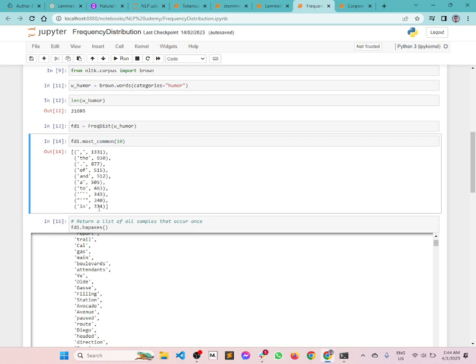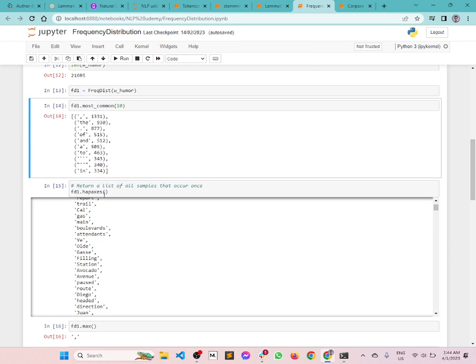This is the actual count, and it is sorted in descending order. Then hapaxes returns a list of all samples that occur once.